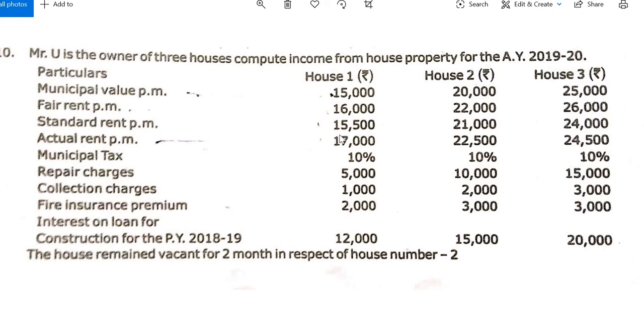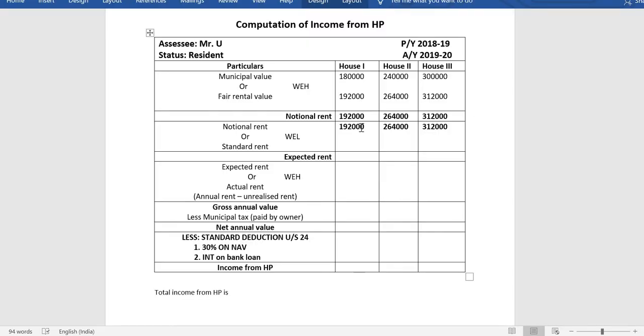Now check how much standard rent is given. Standard rent per month is 15,500, 21,000 and 24,000. So it is also given per month. So 15,500 into 12, you will get 1,86,000.